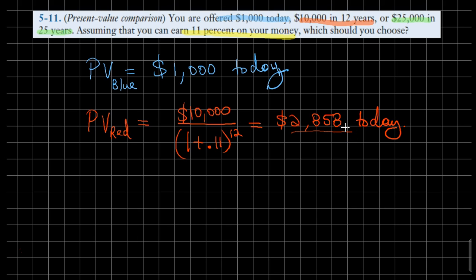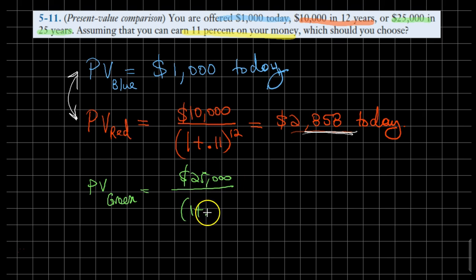So now just simply comparing the red versus the blue investment, it's obvious that the red investment is superior, right? That's pretty clear. Now finally, let's have a look at the present value of the green investment. In that case, we are promised a $25,000 return, but in 25 years instead.